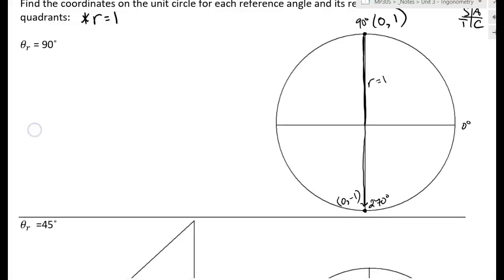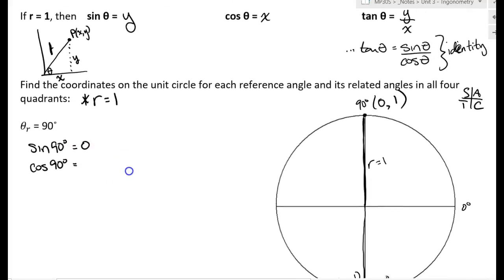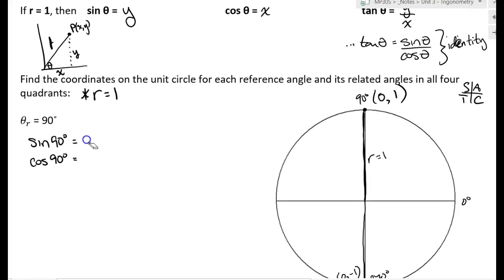Okay, now remember, sine of 90 degrees is going to be your x value, so that is going to equal 0. Cosine of 90 degrees is going to be your y value, because that's what we set up here. Oops, I'm sorry, I'm getting this backwards.